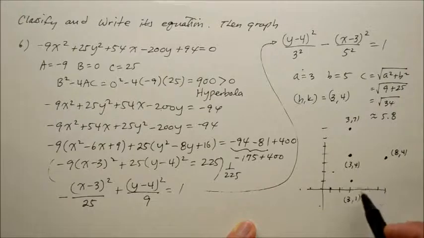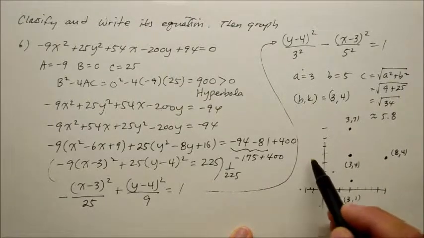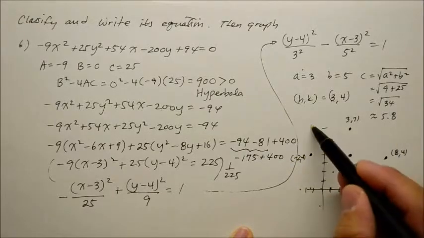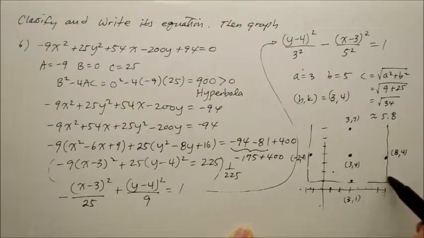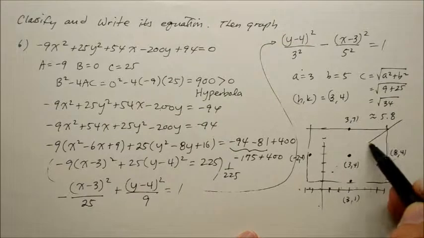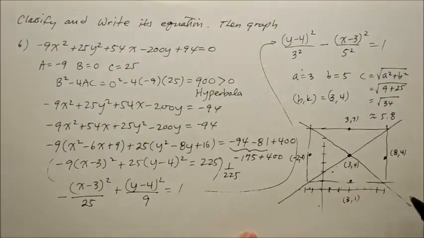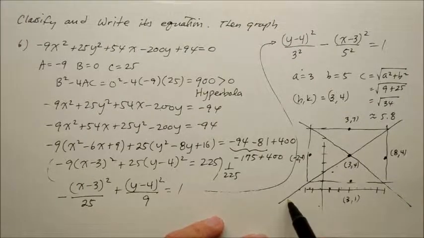And if you go 5 to the left, 1, 2, 3, 4, 5, it's going to be (negative 2, 4). So that's going to give us the rectangle. And why do we need that rectangle? So we can draw the diagonal lines, which turn out to be the asymptotes, which will help us define the hyperbola.